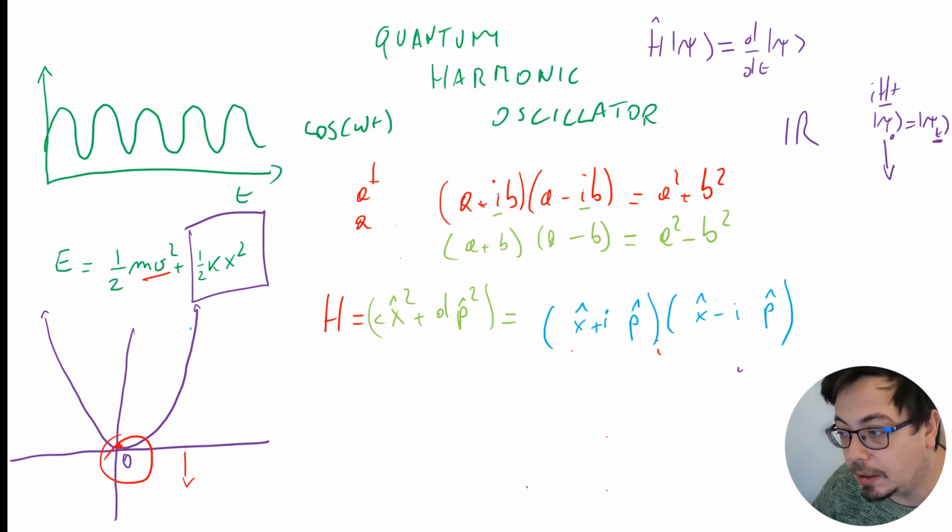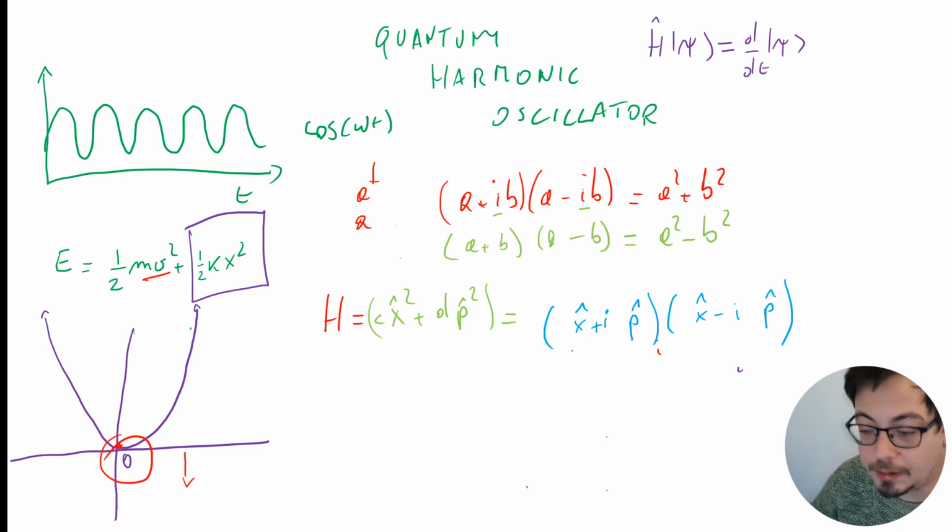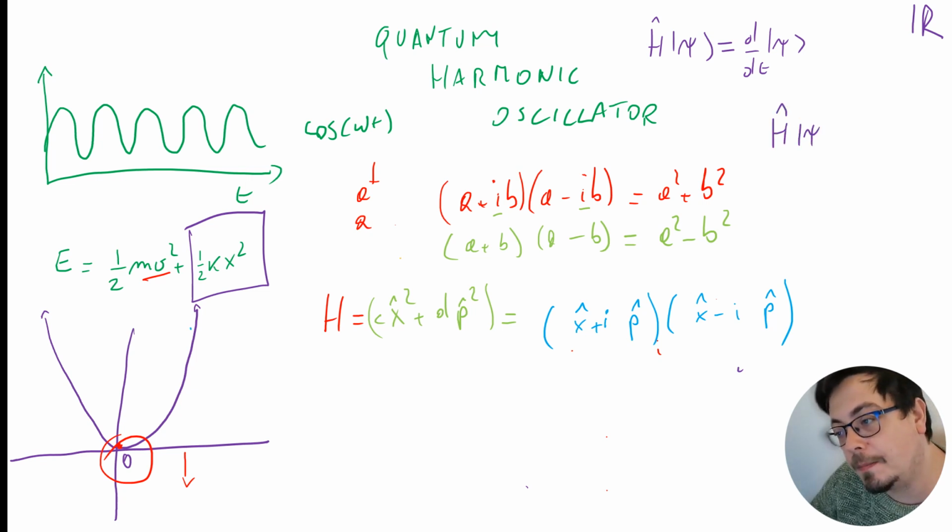So I will not be creative here, and I will just follow the main approach, which is very useful. Therefore I claim that I'm looking for solutions of the kind that H psi is equal to one constant E, which is a number, times psi.